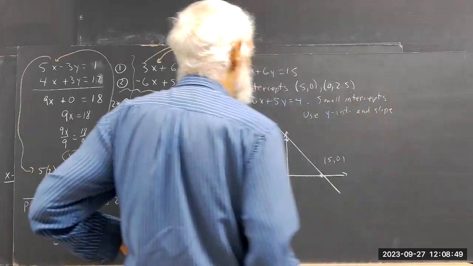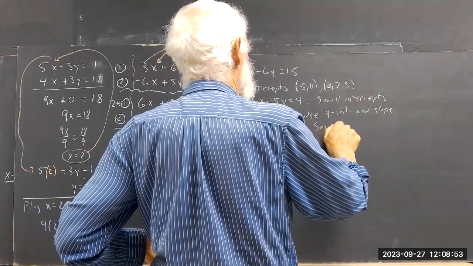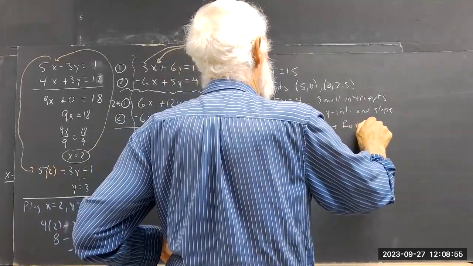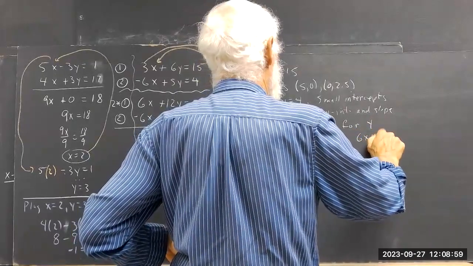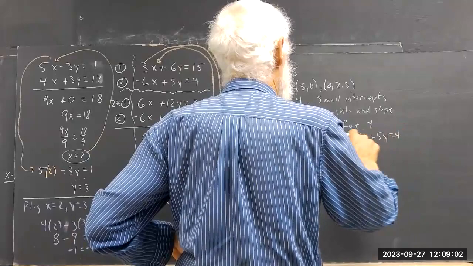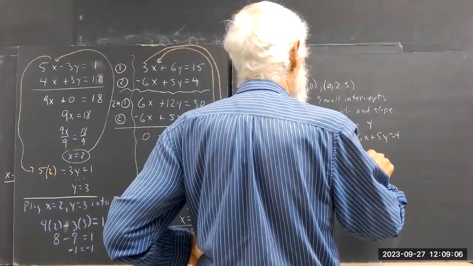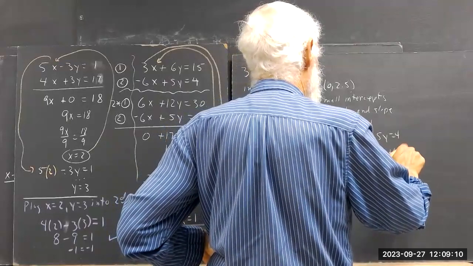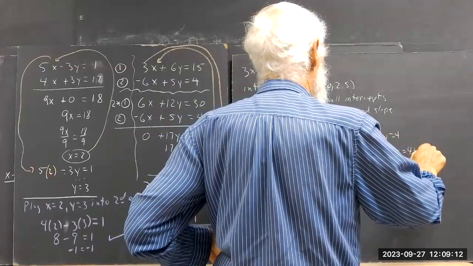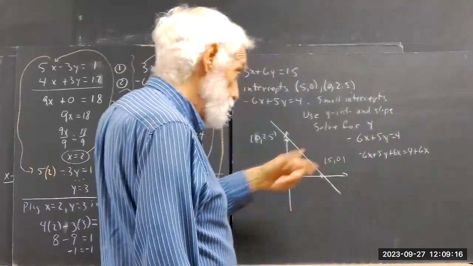I'm going to use the y-intercept and the slope. Solve this for y. We add 6x to both sides to get rid of x from this side.